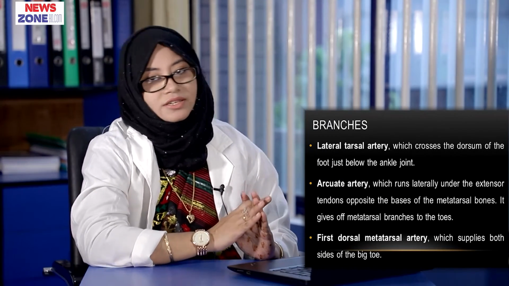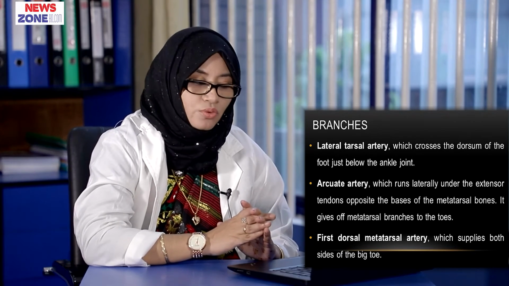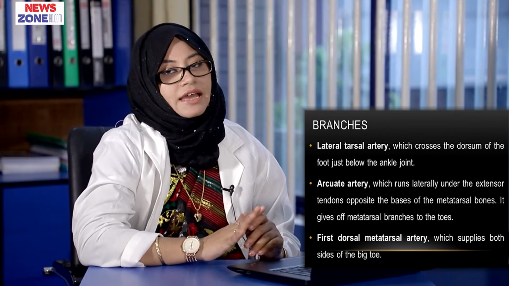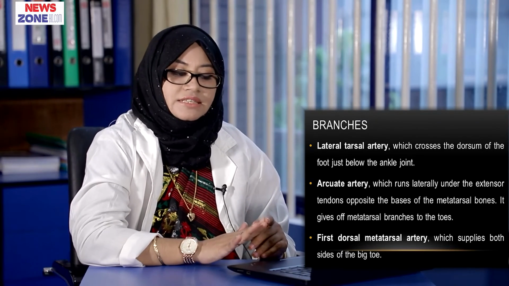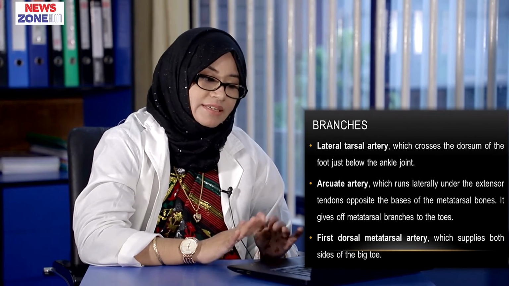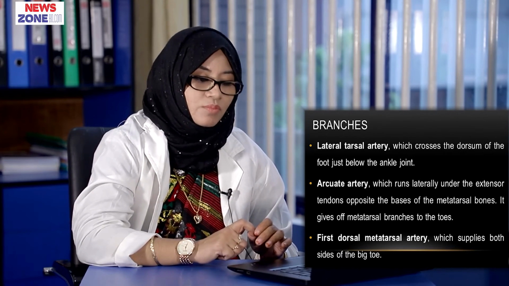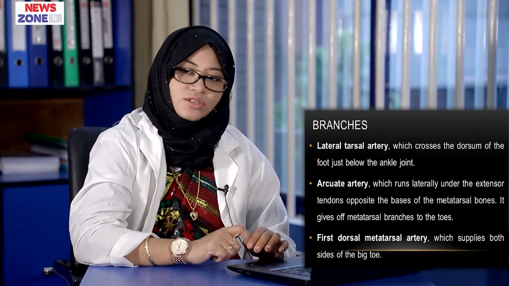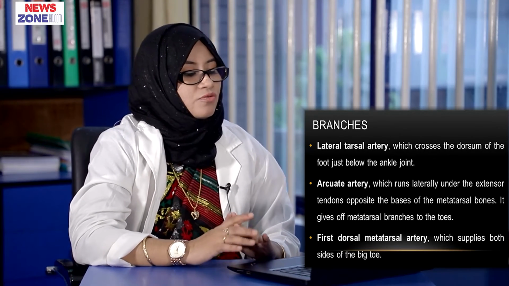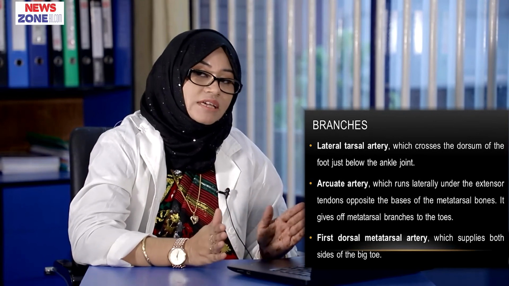First of all, lateral tarsal artery, which crosses the dorsum of the foot just below the ankle joint. Then arcuate artery, which runs laterally under the extensor tendons opposite the bases of the metatarsal bones, and it gives off metatarsal branches to the toes. Now, first dorsal metatarsal artery, which supplies both sides of the big toe.